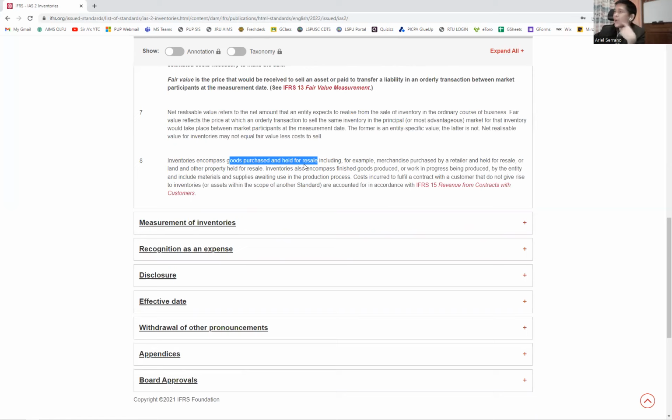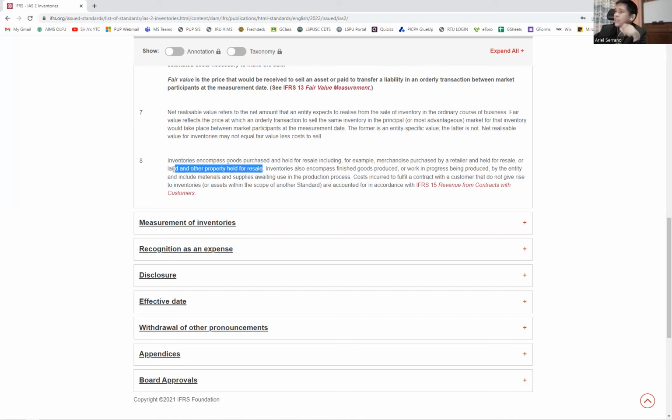Kaya nga ang tawag natin, kapag nung pinag-aralan po natin yung merchandising type of business, merchandising operations, ang tawag natin doon sa inventory ay merchandise inventories. Okay? So, for example, merchandise purchased by a retailer and held for resale. Or land and other properties held for resale.